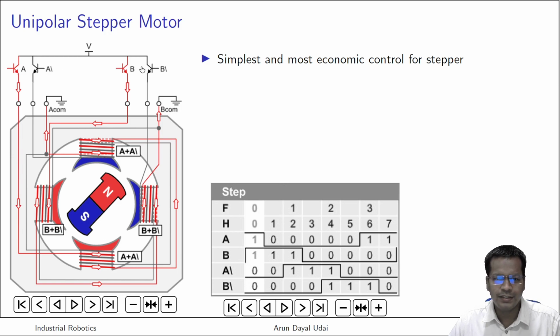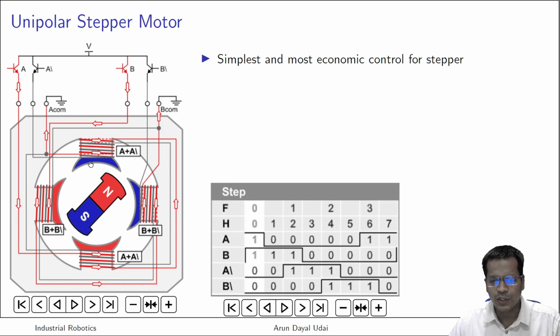How they are arranged, you will see. One of the coils, you just follow one of them. Let us say I am following A, just follow my cursor. It goes from here, here. It is wound on this particular pole. It goes to this another one. It is wound over here and goes back to the earth, that is ground. So if this is on, it makes this pole north, and it is wound counterclockwise in this one, so that it makes south.